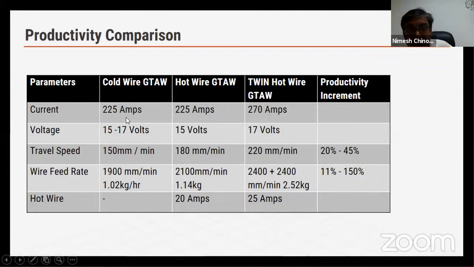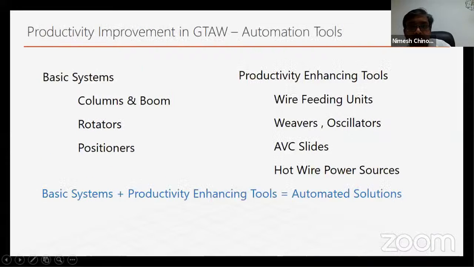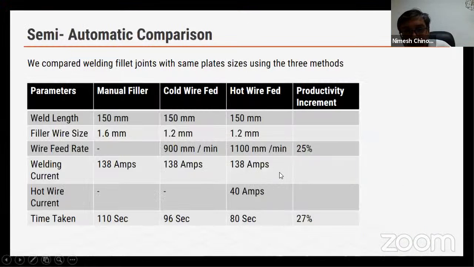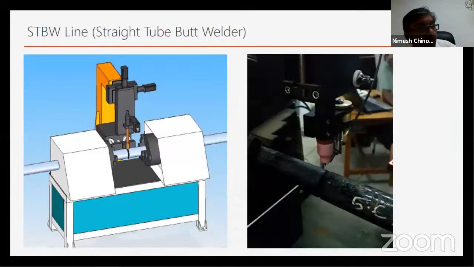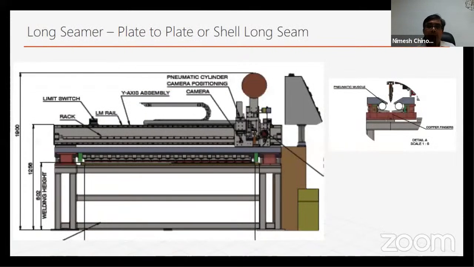Currents are always the same. In twin wire, we have to increase current because the second wire also needs to be melted through. If you look at the other sample that I shared for manual, we kept the current fixed to decide how much more increment you can get. Ideally, when you do automated welding, your speed goes up, your current can also go up, but your overall heat input will always remain lower. So you can calculate that and work on it that way.